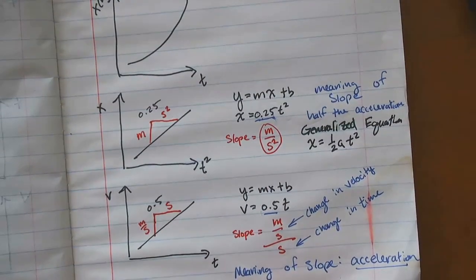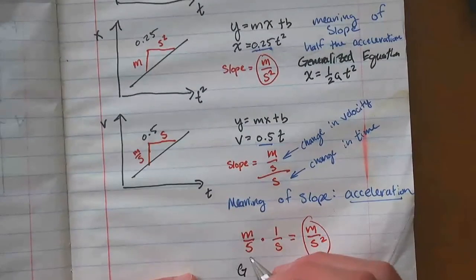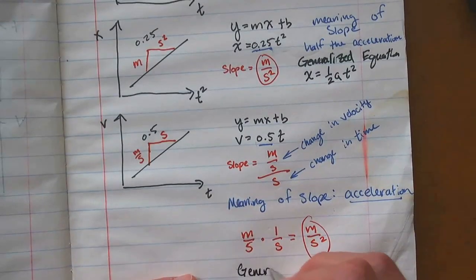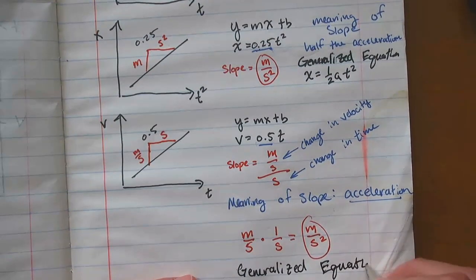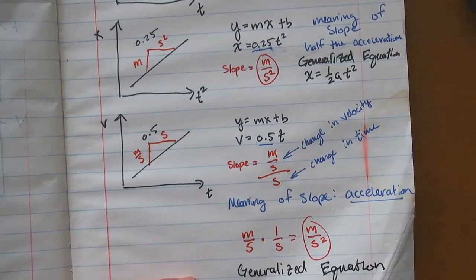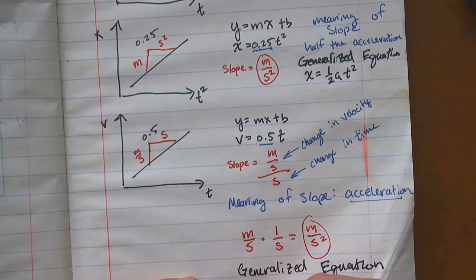And the generalized equation here has got to be just v equals a t.